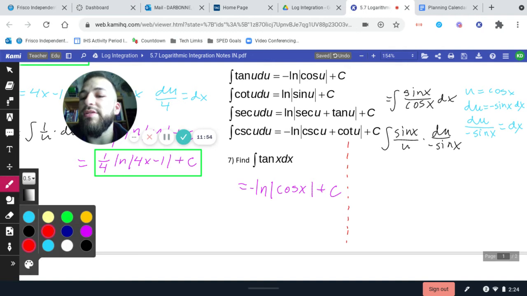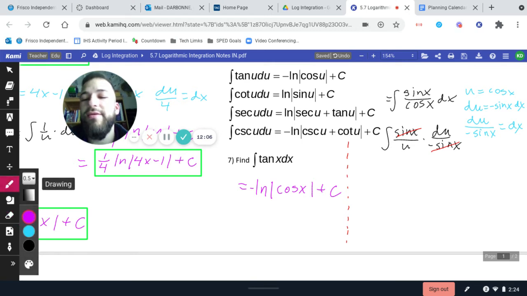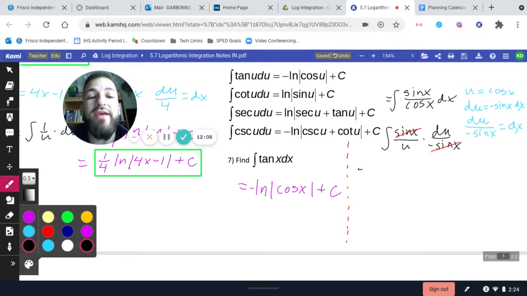We get those sine of x's to cancel out, but we end up with this extra negative in front. So that becomes, haven't integrated yet, negative times the integral of 1 over u du, which, once we do that, then we can integrate.